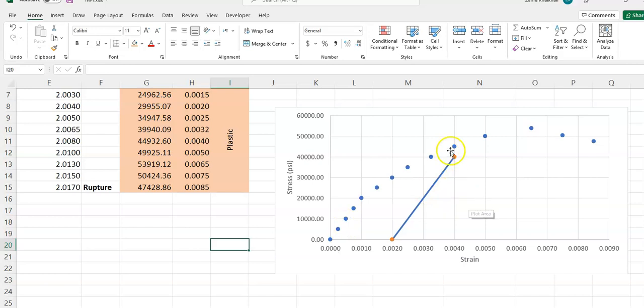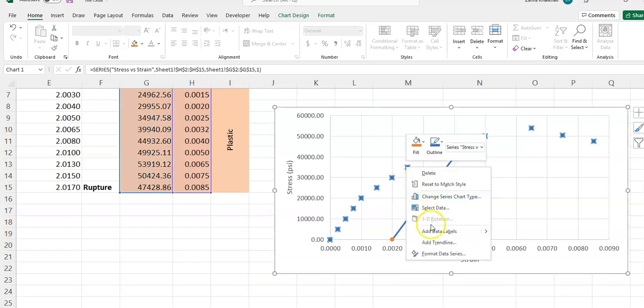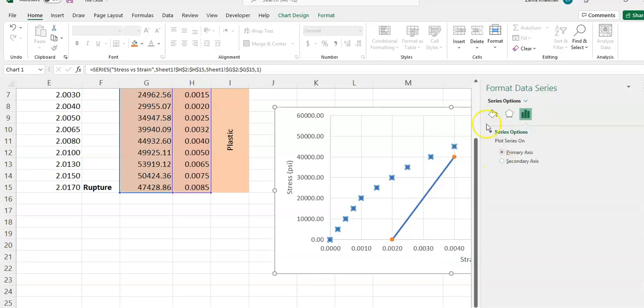Now we need to find another point because it's not intersecting with the curve here. Also, let's add a line to this curve. Click on one of the points, format data series, add a solid line.